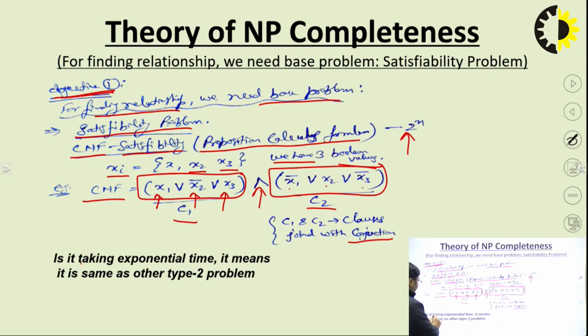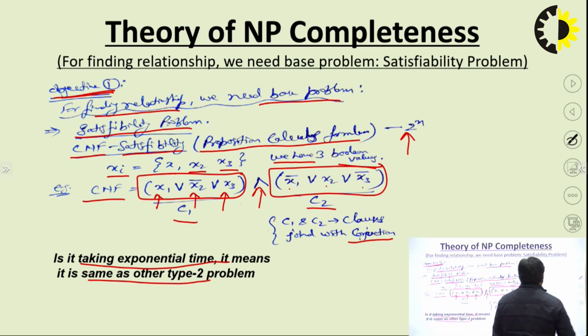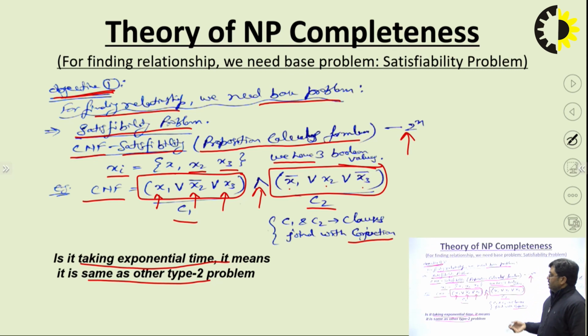So it is taking exponential time. It means it is the same as other type 2 problems. We are trying to relate this problem to other type 2 problems. So here we have the satisfiability problem, also called the CNF satisfiability problem, in which two clauses are there with some conjunction.